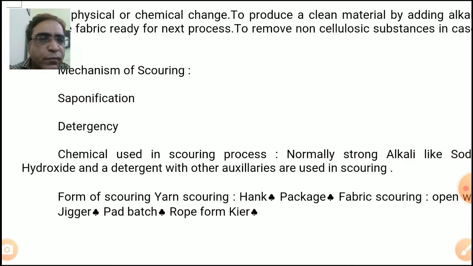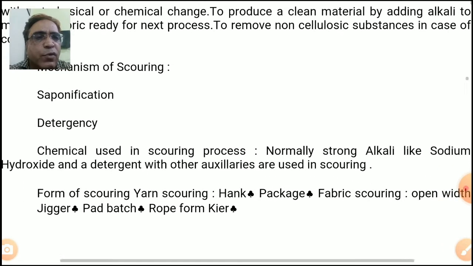After that, in what form can we do the scouring? Scouring can be done in many forms, like yarn scouring, meaning we can scour in yarn form, such as hank form or package form. And then from the yarns we make the fabrics, so we can easily do fabric scouring in open width as well as in rope form.